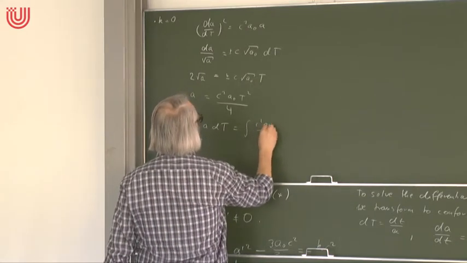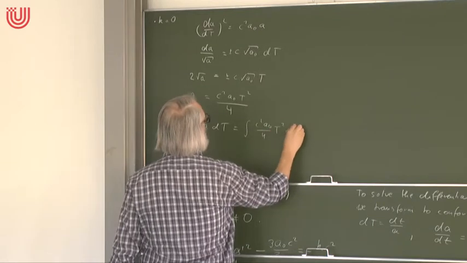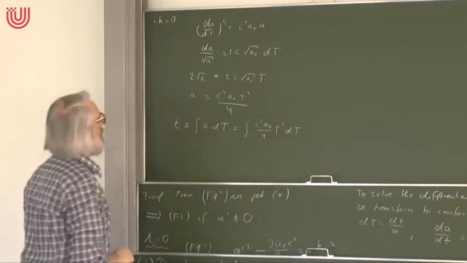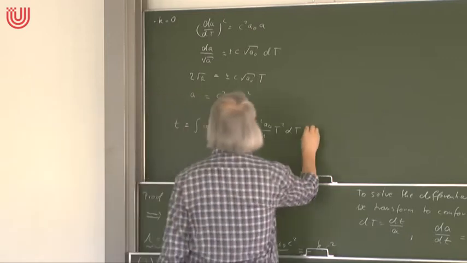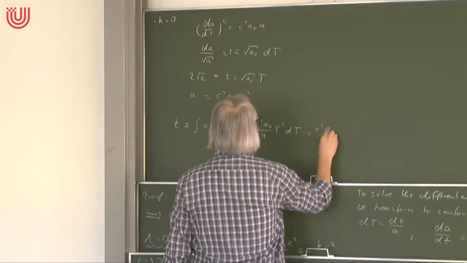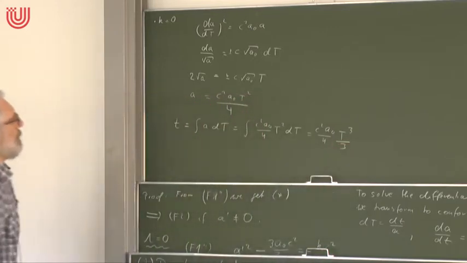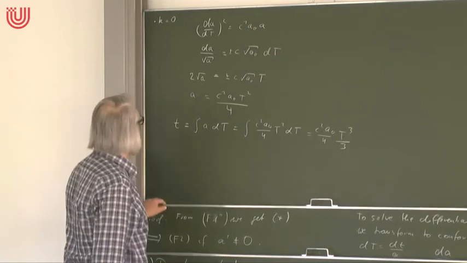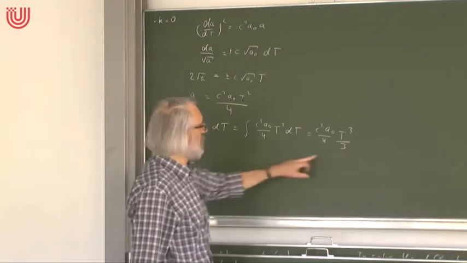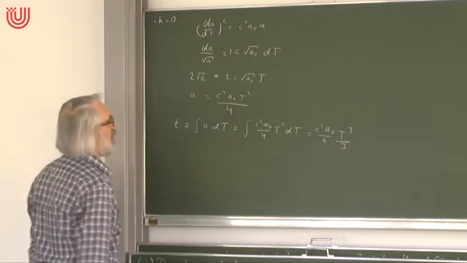Integral c squared a naught over 4 T squared dT. So this is c squared a naught over 4 T cubed over 3, again with an integration constant which I set equal to 0. So little t equals 0 corresponds to capital T equals 0.